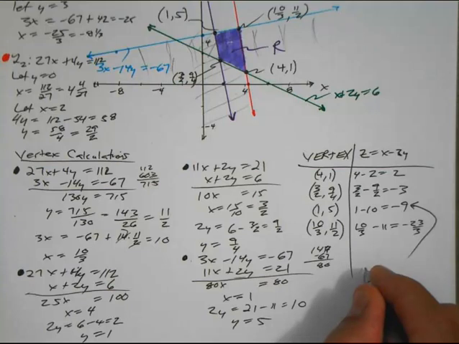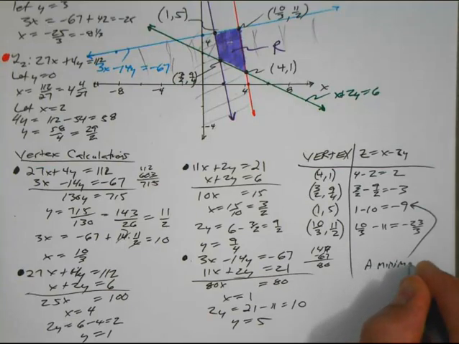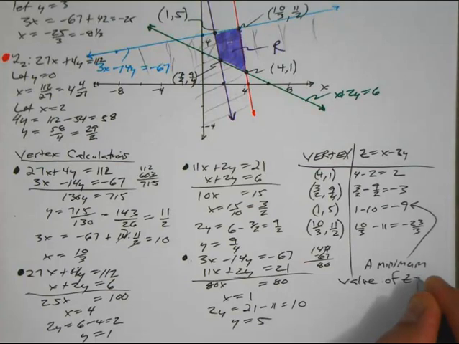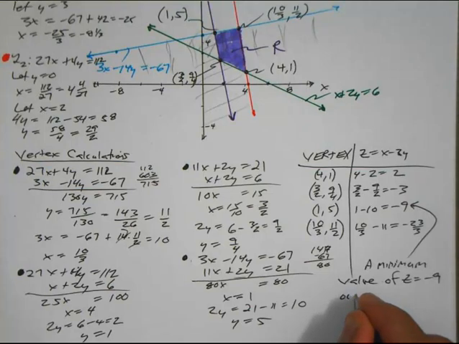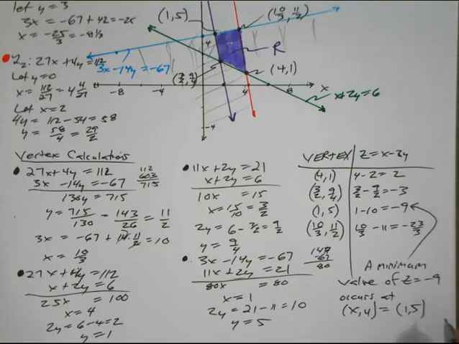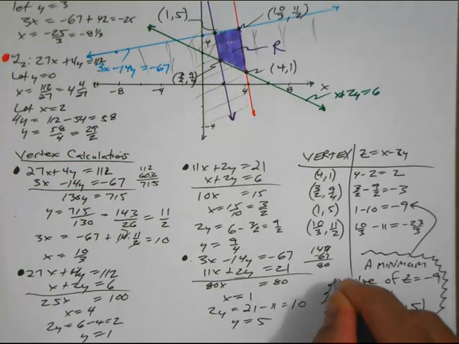Okay, so a minimum value of z equaling negative 9 occurs at x, y equaling 1, 5. There's our conclusive statement there.